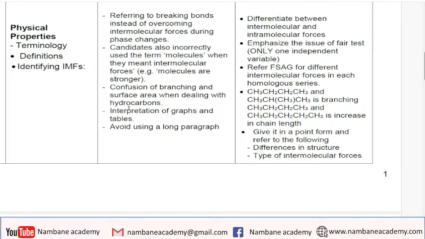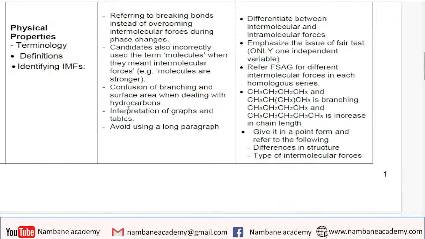If they differ in the number of branches, you use the branching. You'll say this one has more branches than that one, or has a longer chain length than that one. And as I explained, longer chain length means, point number 2, that this one has stronger intermolecular forces than that one.